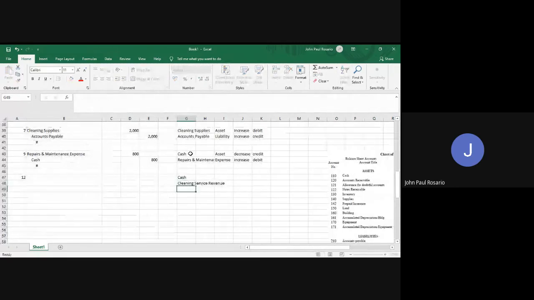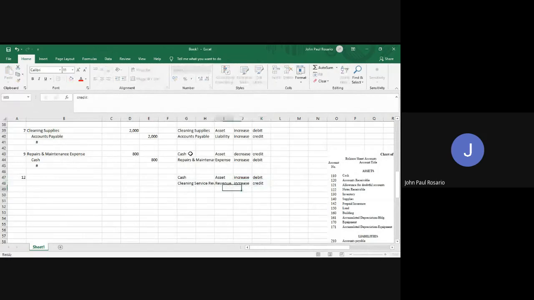Okay? So cash is an asset. Did it increase? You received cash, so yes, it increased. Increase in asset is debit. Cleaning service revenue is, of course, revenue. Did it increase? Yes, your revenue increased. Increase in revenue is credit.